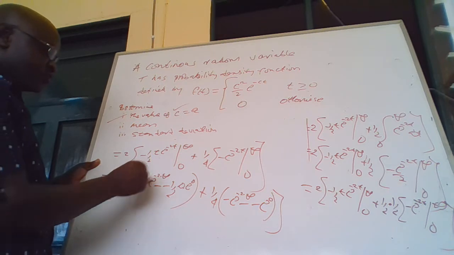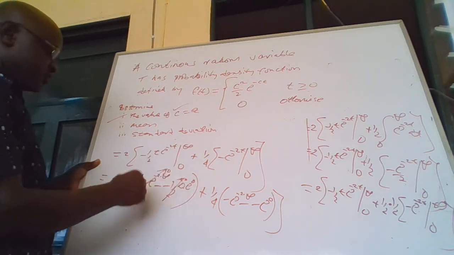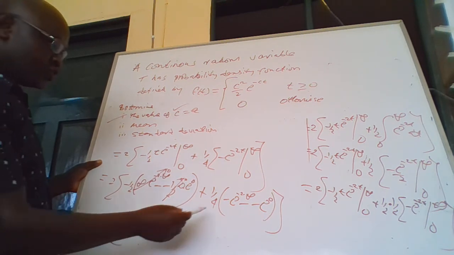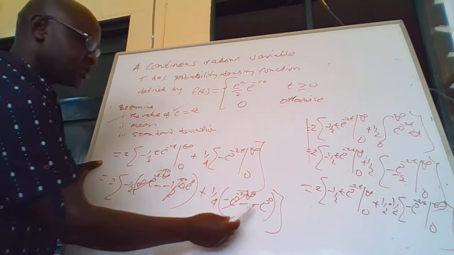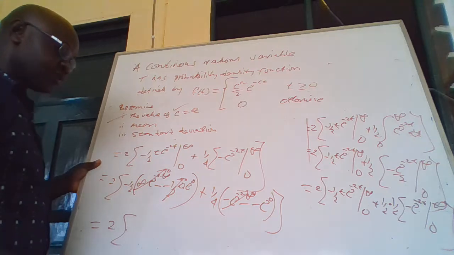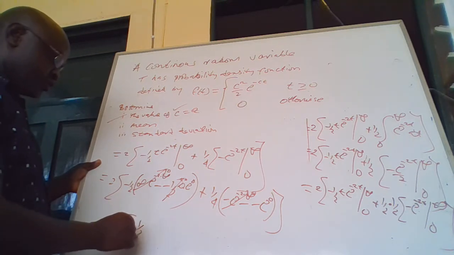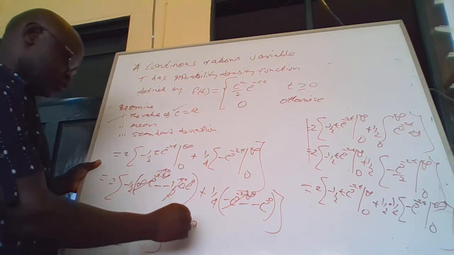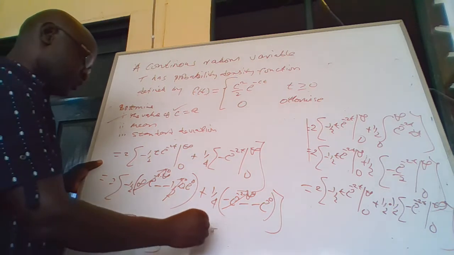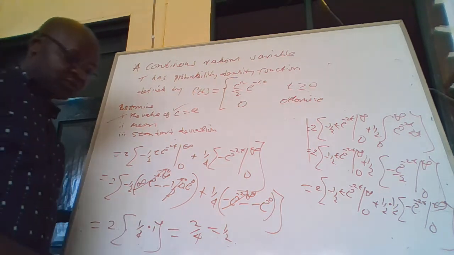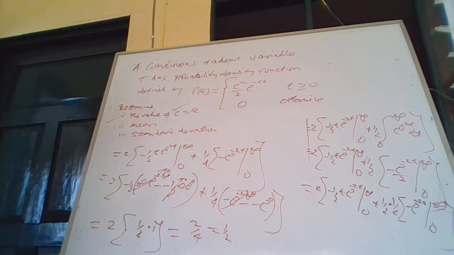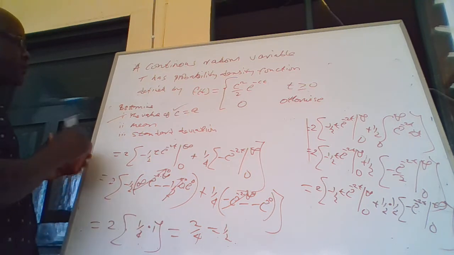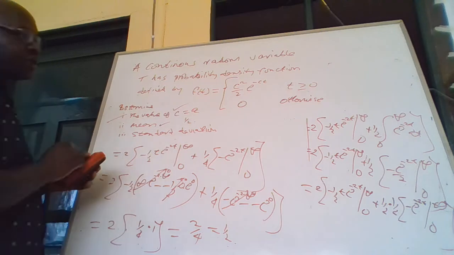So here the whole of this bracket will be 0. Therefore we have 2 into, this is 0, minus and minus is positive, exponent 0 is 1, so we have 2 into 1 over 4 times 1, which equals 2 over 4, which equals 1 all over 2. So 1 all over 2 is our mean.